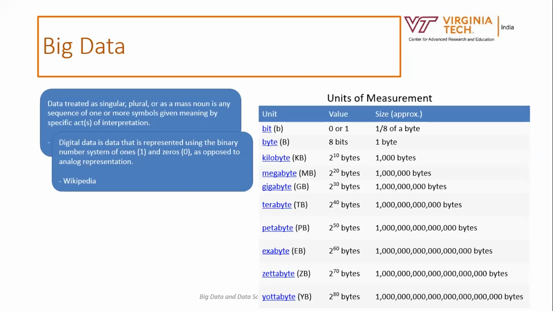Similarly gigabyte, terabyte, petabyte, exabyte, zettabyte, and yottabyte. I'm not sure how many of these you have heard before, particularly yottabyte and zettabyte, and something more not listed here, which is called brontobyte. It's a further 2 power 90 bytes. So the units keep going up and up.